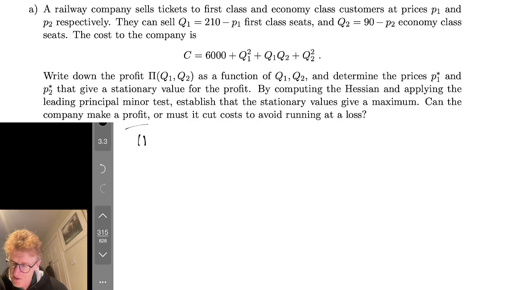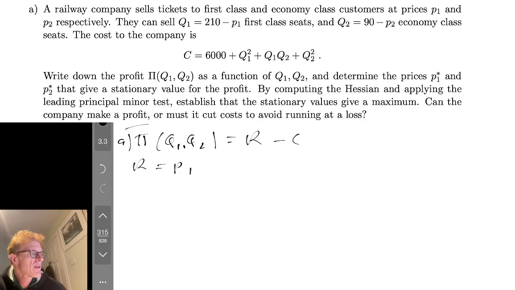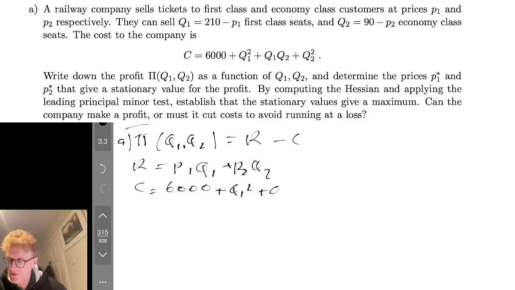So we have to write down the profit, Q1, Q2: revenue minus the cost, and the revenue is P1 Q1 plus P2 Q2, and the cost is 6,000 plus Q1 squared plus Q1 Q2 plus Q2 squared.